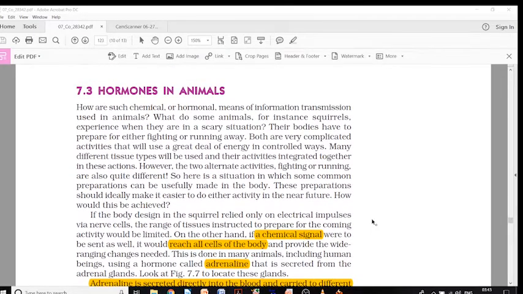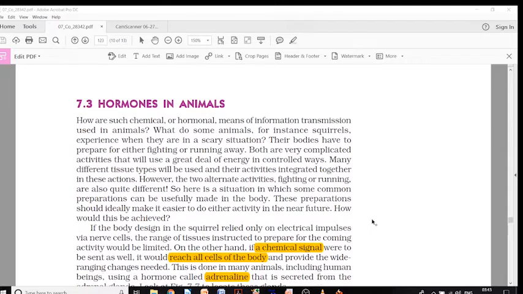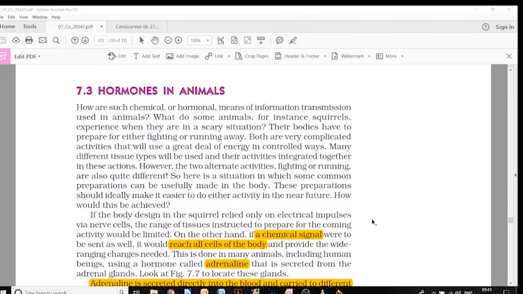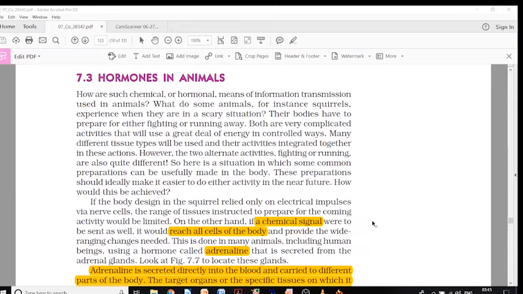And why do we have hormonal control in the first place? There is nervous control in our body, so can't it do the other functions that hormonal control carries out? Why do we need hormonal control when we have nervous control? Very important question, and the answer is that nervous control cannot carry out all functions. In nervous control, the nerves do not reach each and every cell of the body. But hormones, that is chemicals, reach each and every cell of the body.